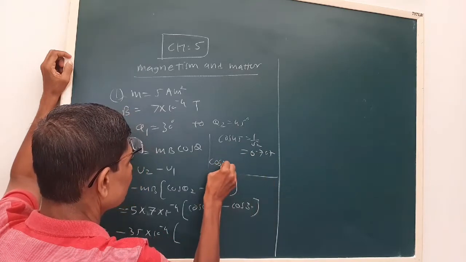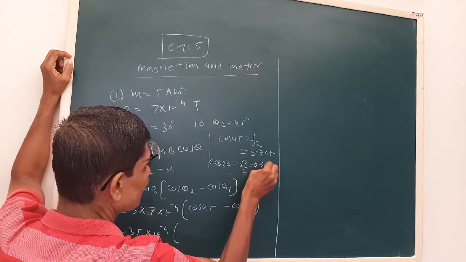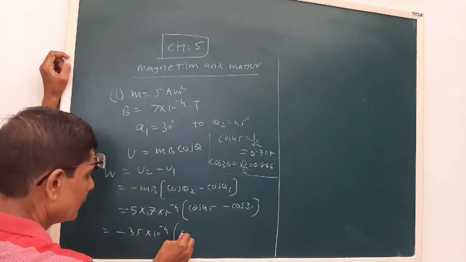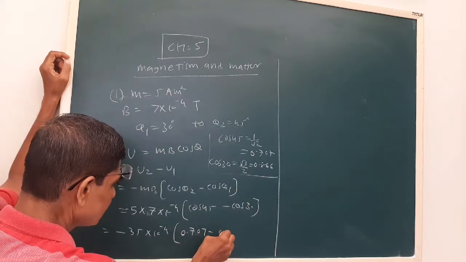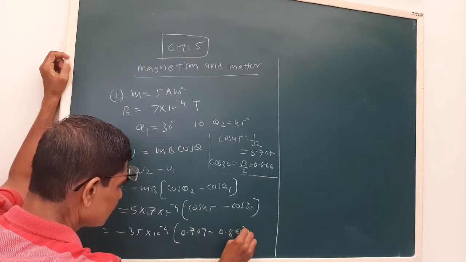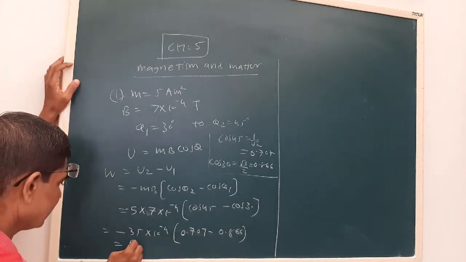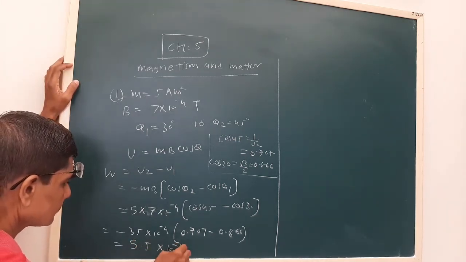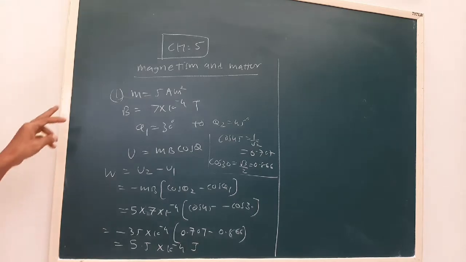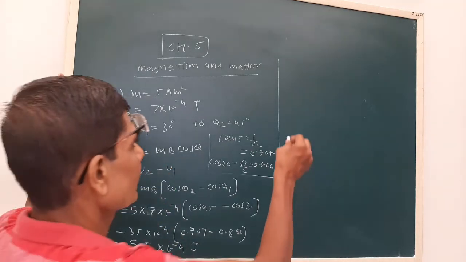Cos 30 is root 3 by 2, 0.866. If you solve this, we will get -5.5. Here m is given, B is given, theta is given, so we can find out the work done.